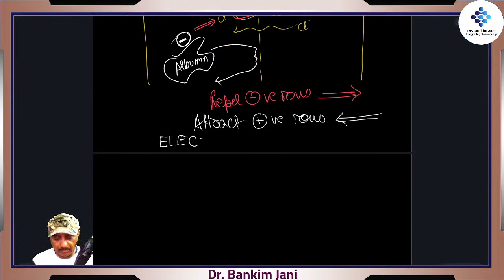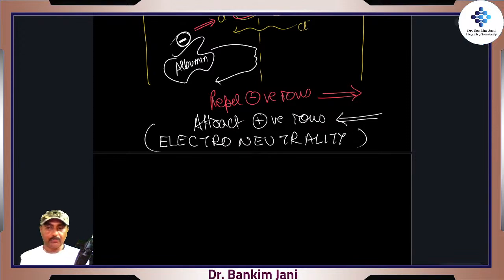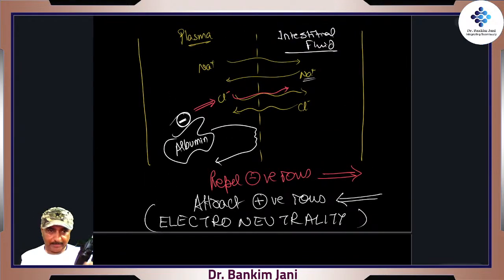Electroneutrality. But in causing this electroneutrality, we cannot really say that the number of sodium in the plasma is equal to the number of sodium in the interstitial fluid. Because albumin, the big negative one standing there, is grabbing the sodium on his side and throwing the chloride on the opposite side.